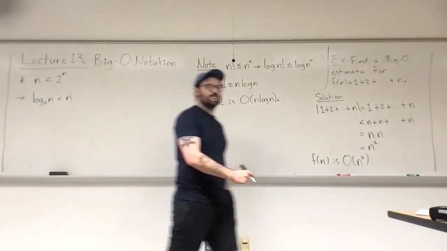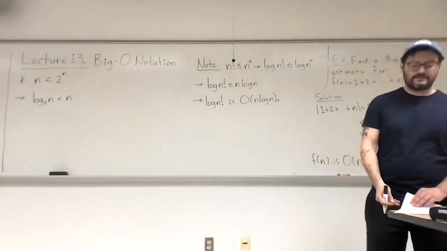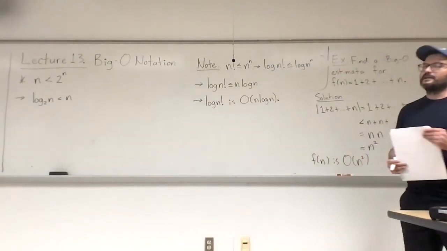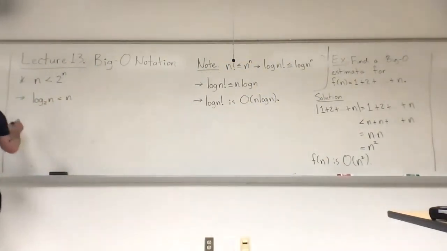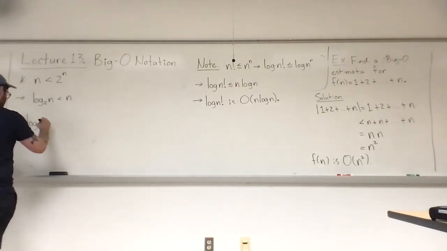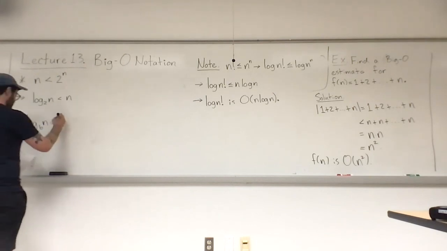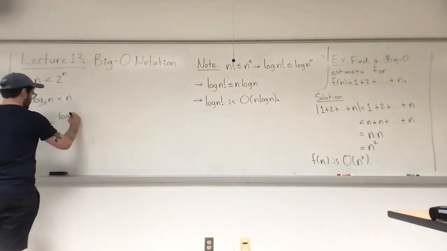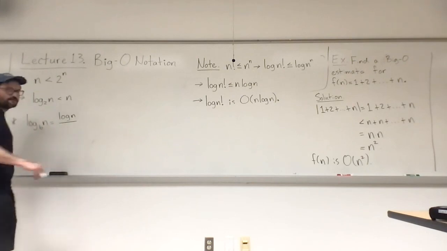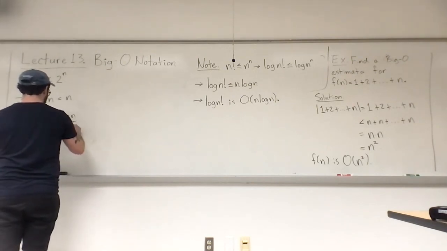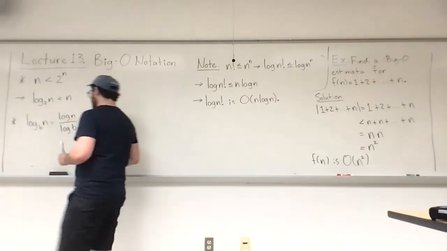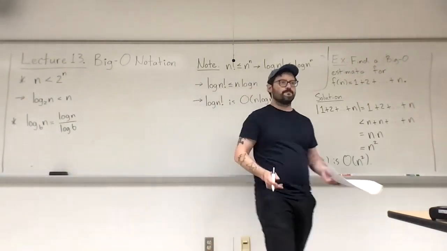If you take the log base 2 on both sides, 2 to the power n collapses to n, and then you have that. But really, this implies a little bit more because if we recall from a pre-calc class, log base b of n is equal to log n, that's natural log by the way, over log b. Okay, log n over log b.